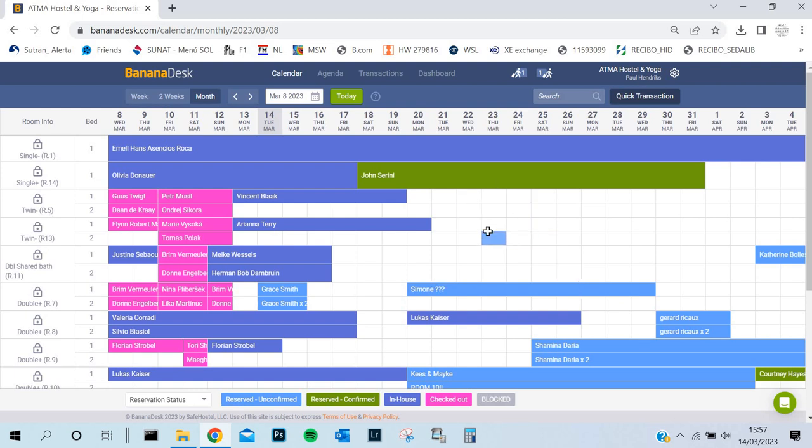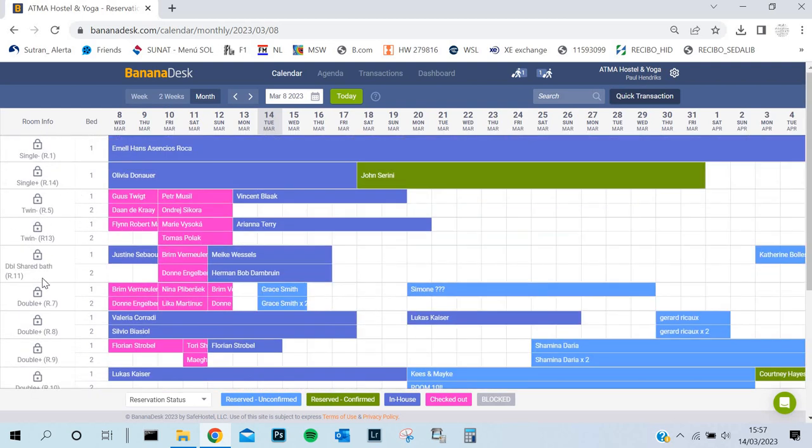I don't have an example here, but let's say there's a booking here on the 21st for someone in a twin, and the persons are not here yet. And this person wants to extend 2 nights. You can pick this booking up and put it here, because we have 2 twins. What you cannot do is pick up a future booking and put them in another room type, like a double, because they have booked a twin, so you cannot put them in a double.